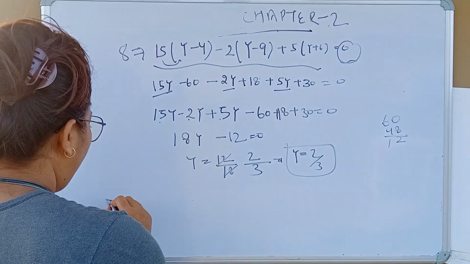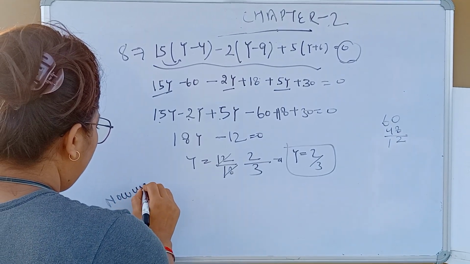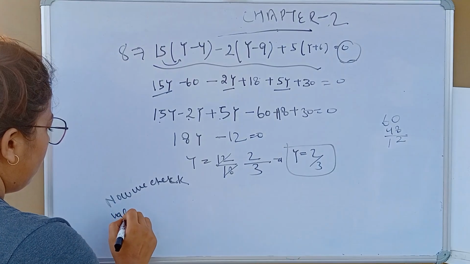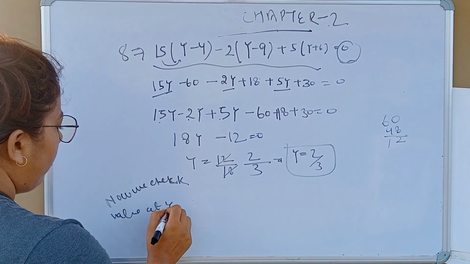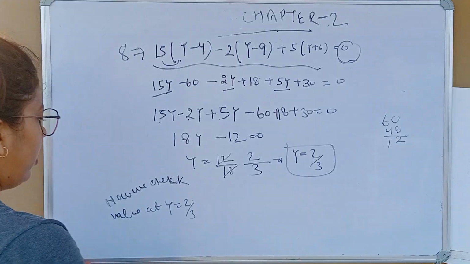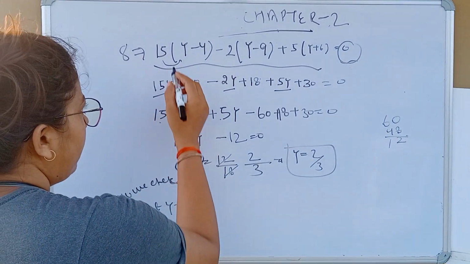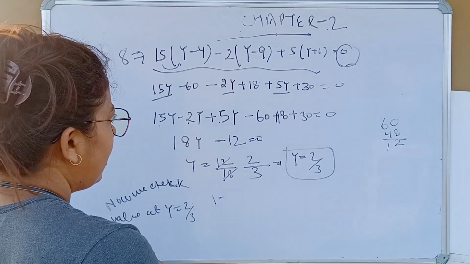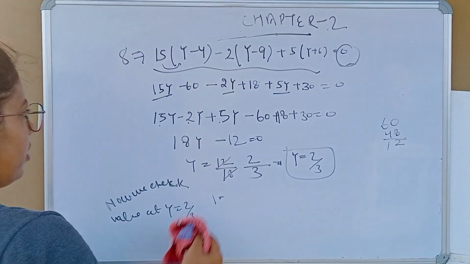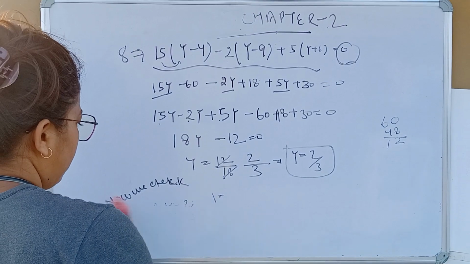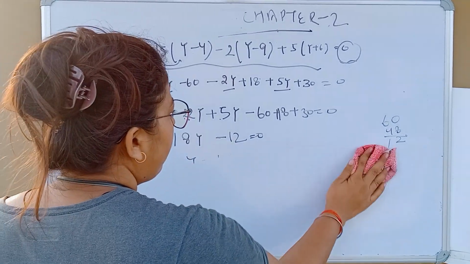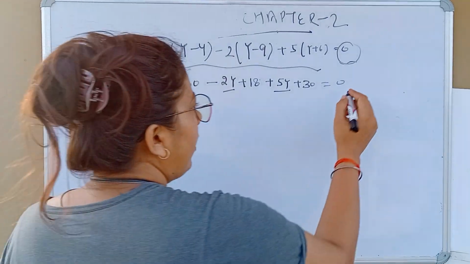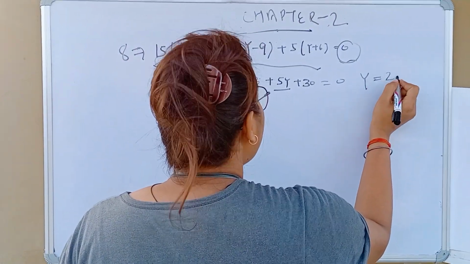Now we check the value at y is equal to 2 by 3. Okay, so in the given equation, put the value 2 by 3. I think the space here is less, so you write first, then write above. y is equal to 2 by 3.